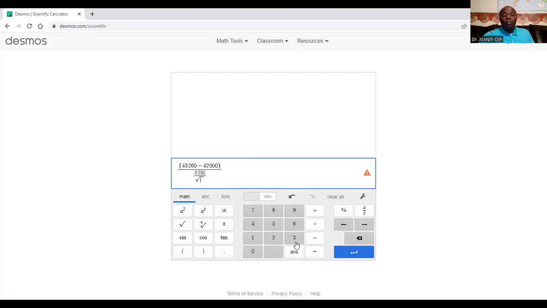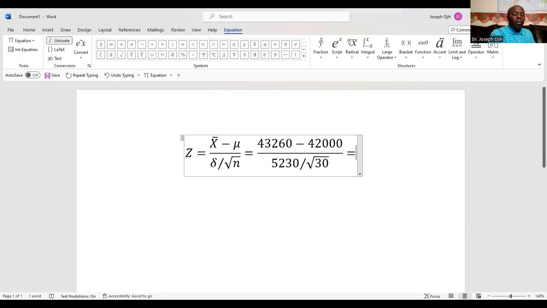Our n is 30. That gives 1.3195610, so basically approximately 1.32. So we can put our answer in the workbook and then transfer it to the main workbook. 1.32.